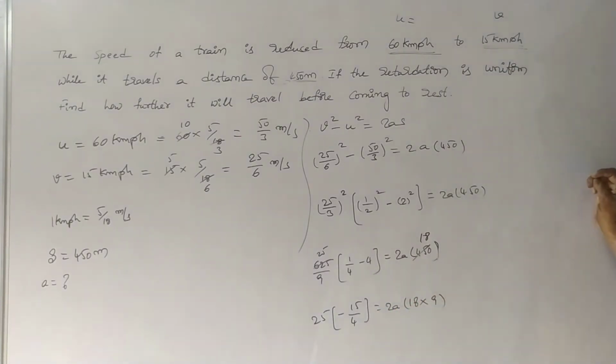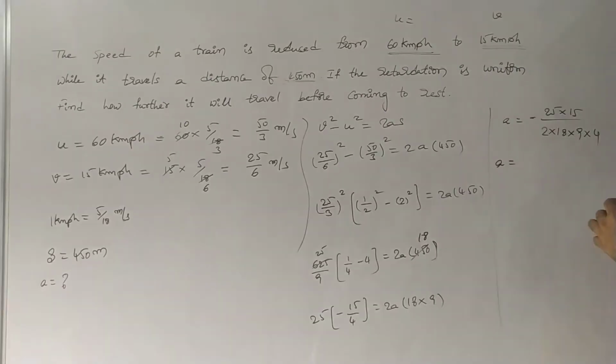On simplifying this equation, we have a equals minus 25 into 15 by 18 into 9 into 4.